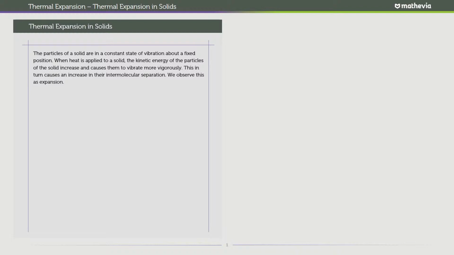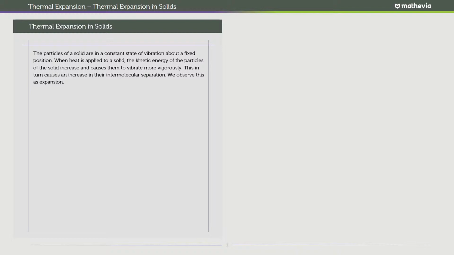They vibrate more vigorously over a larger distance, which causes an increase in their intermolecular separation. So when the particles vibrate in more space, they become less dense, less tightly held together, and this is what we observe as expansion.